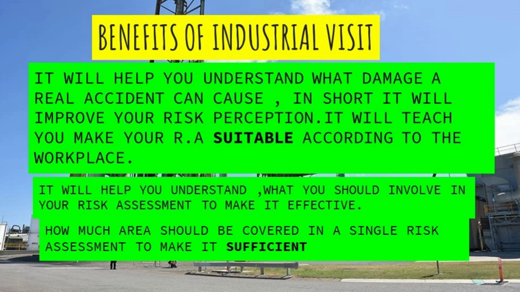Okay, so that was all for today. I think I have covered really important things that you should be covering in your risk assessment. Make sure your risk assessment is not only a sheet of paper, but it should save lives. It should save your people's lives, everyone who is at the workplace.